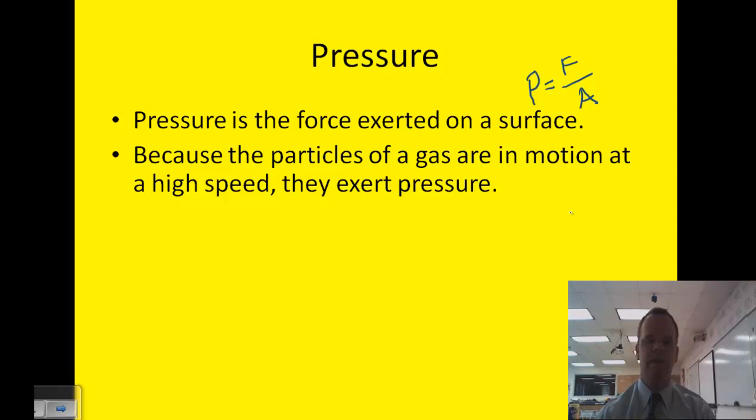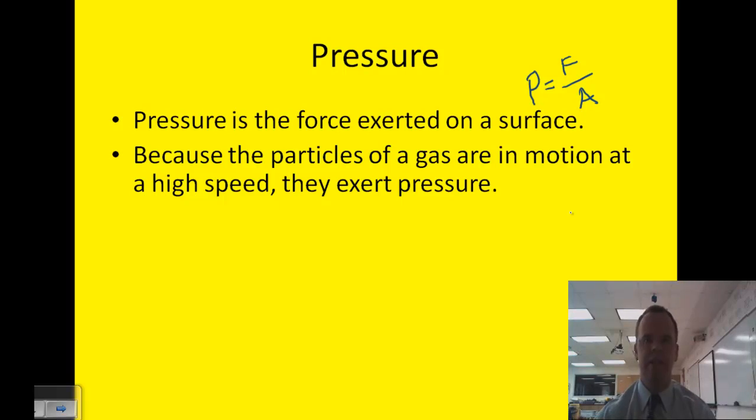So, as gas particles move at a very high speed, they're going to collide with the surface of whatever container is holding that gas, whether that container be your lungs, the room you're in, a balloon, a jar, or a flask in the lab. They're going to exert pressure as they collide with the surface and exert a force.